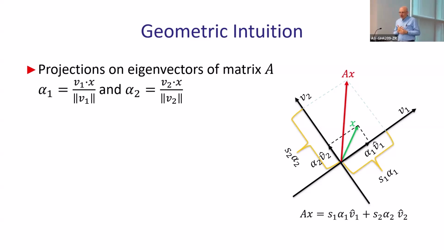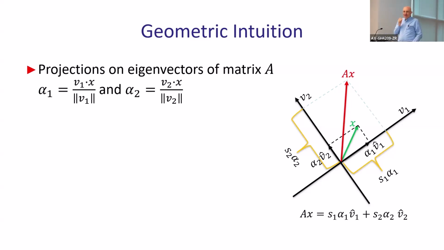So we want to compute practically multiplication of matrix A, which is a regular given matrix, by vector X. So vector X is given by the green line here, and then vectors V1 and V2 are eigenvectors of that matrix A. Obviously we can just multiply, as we usually do, but we want to do that through eigenvectors and eigenvalues.